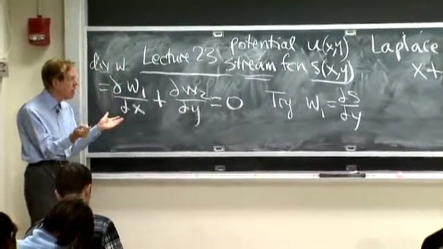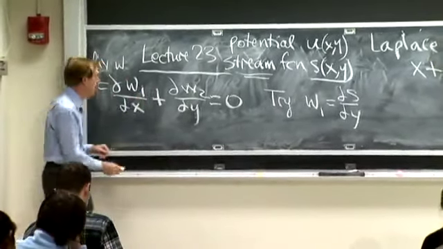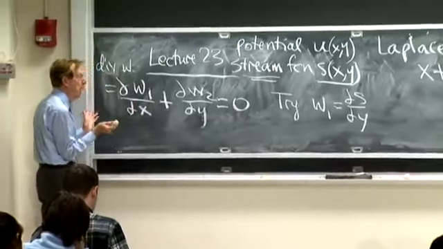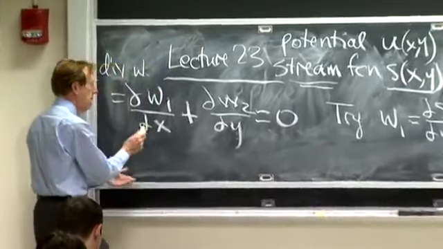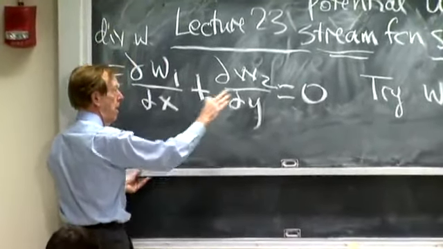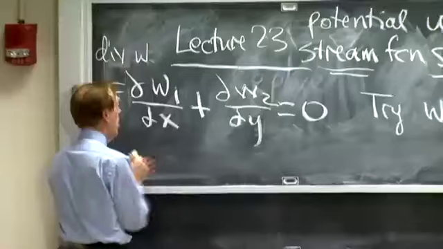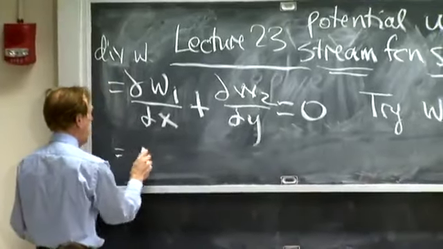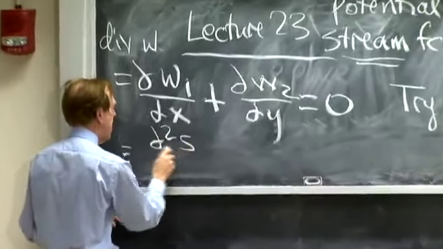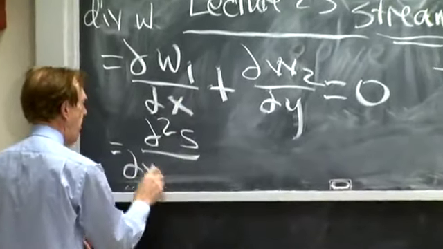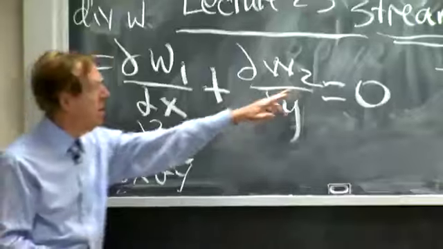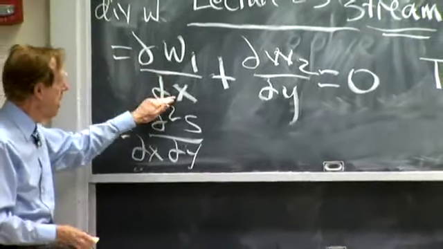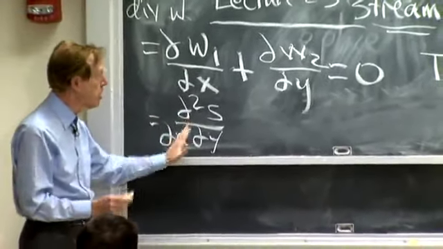So I take any function s, I take its y derivative to be w1. And you can tell me what w2 has to be. So if w1 is ds dy, the divergence will include the x derivative of the y derivative, right? If w1 is the y derivative, then when I take the x derivative, I've got this cross derivative.